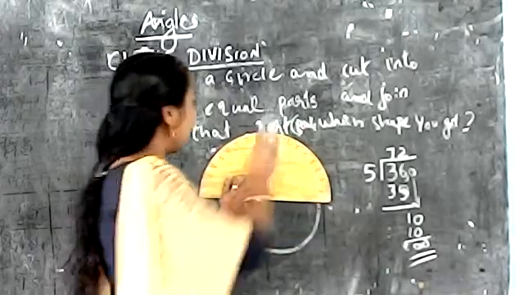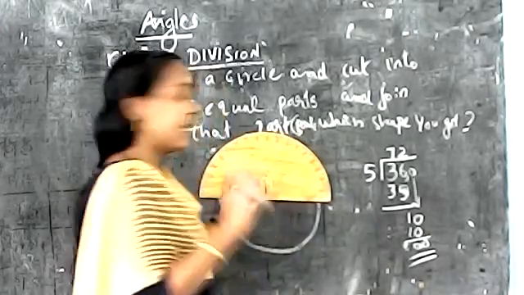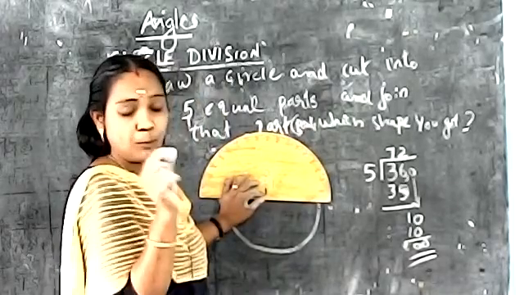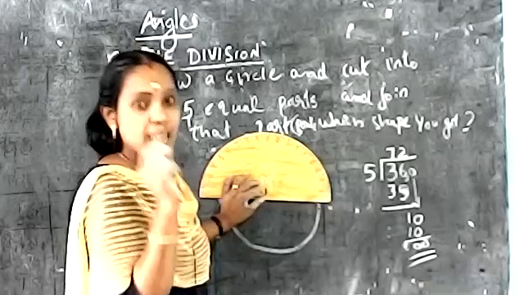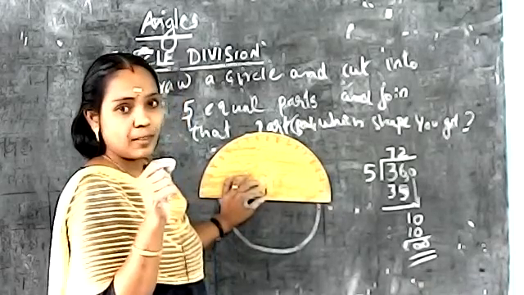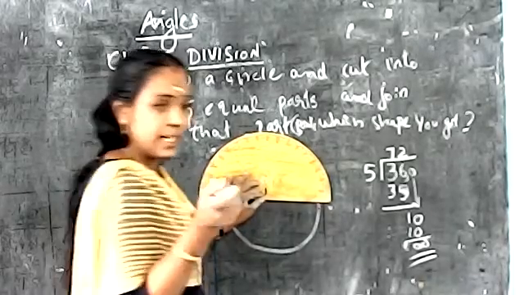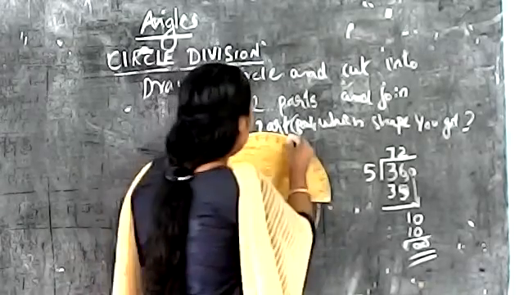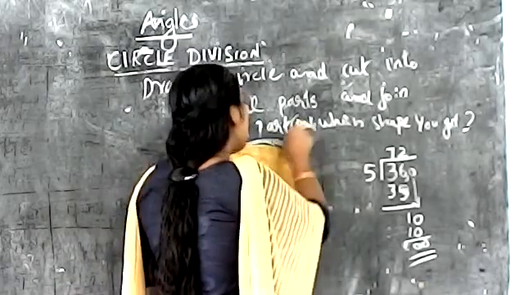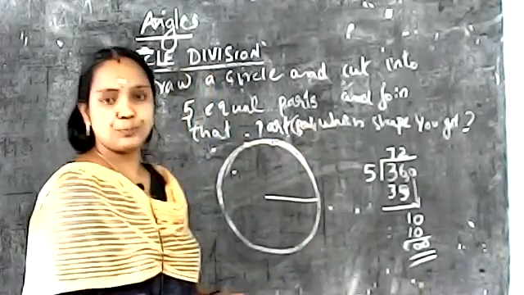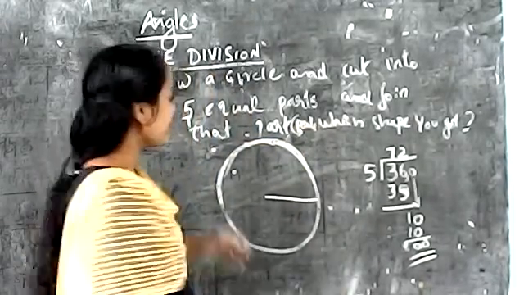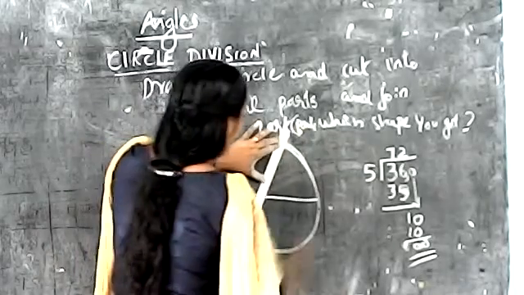You want to look at the upward side, between 70 and 80. Okay, 70. Next one 71. And the next point is 72. Okay. 72 degree.